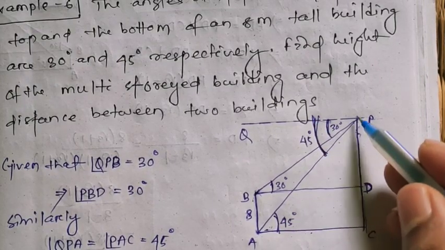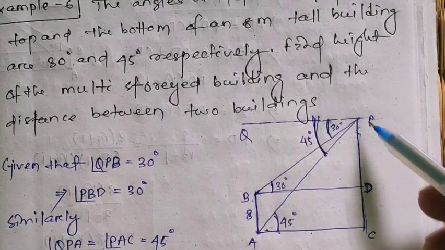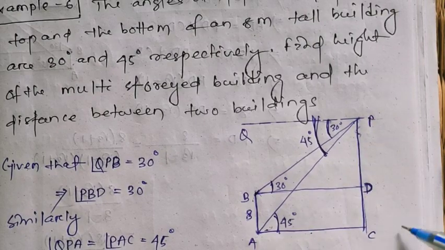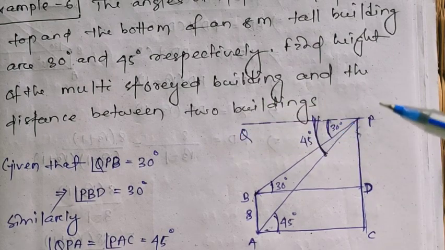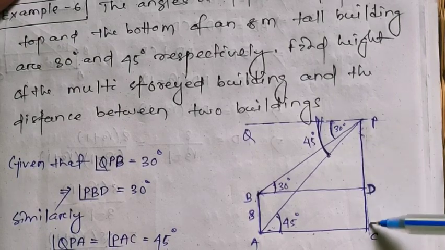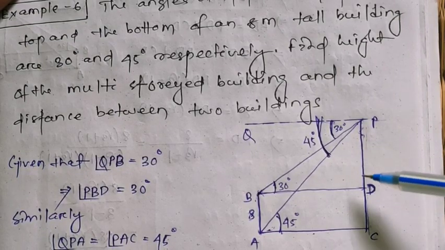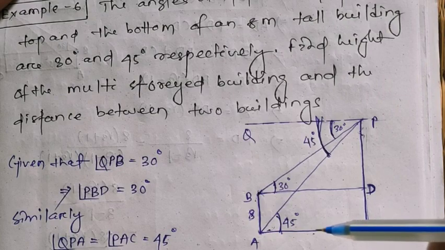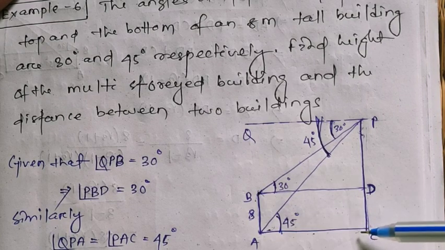Now there are two triangles, PAC triangle and PBD triangle. Here we have to find PC, the height of the multi-storied building, and AC, the distance between the two buildings.